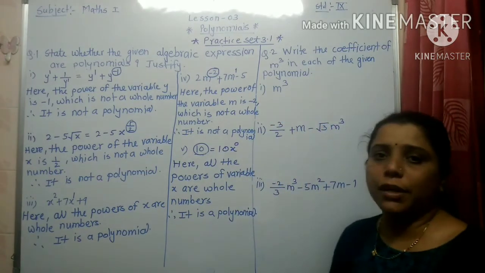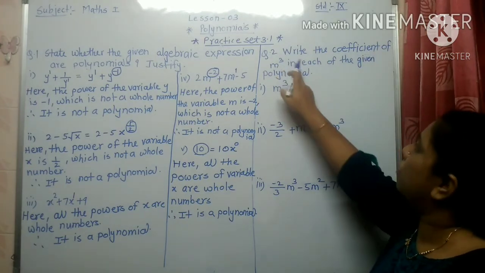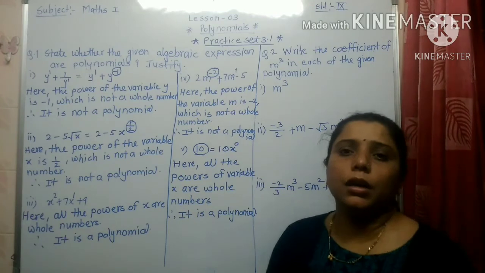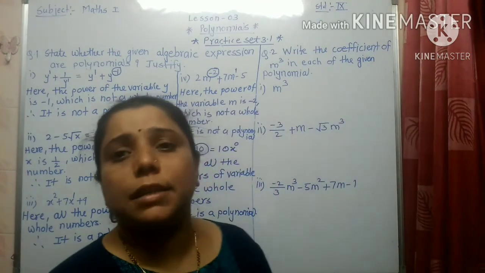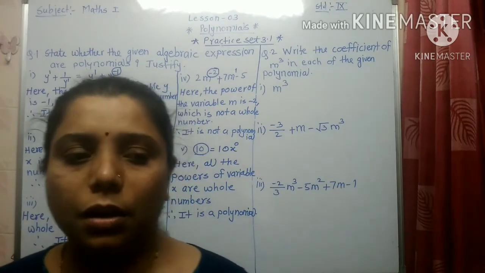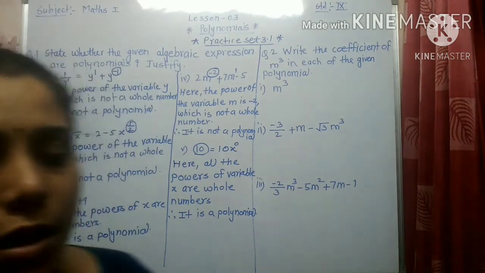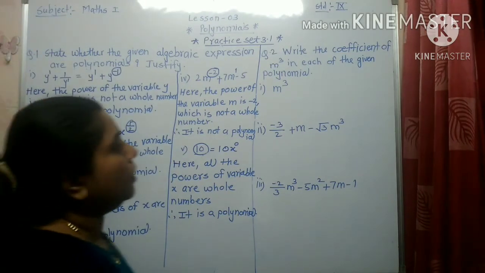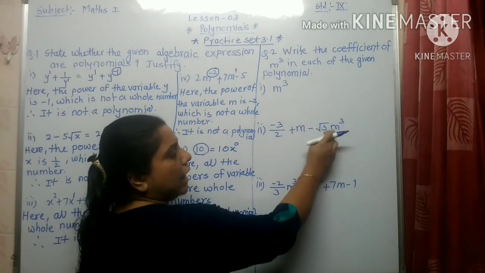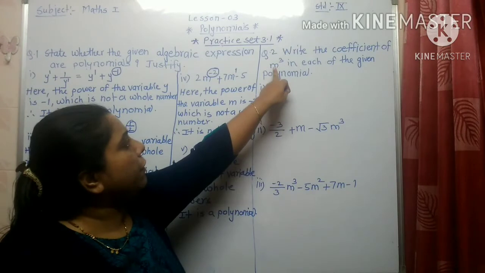What is the second question? Write the coefficient of m cube in each of the given polynomials. Now here you already discussed the concept of the coefficient. What is meant by the coefficient of the polynomial? Yes, the number which is attached to that particular variable. Now here the coefficient of m cube.